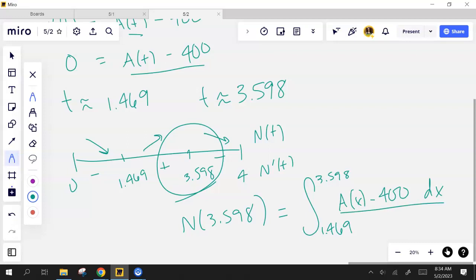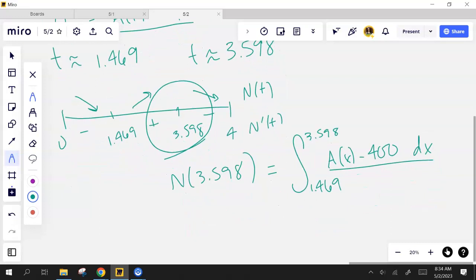Do your integral and evaluate. And remember that it tells you to find the nearest whole number. So what do you get? Four, six, nine.